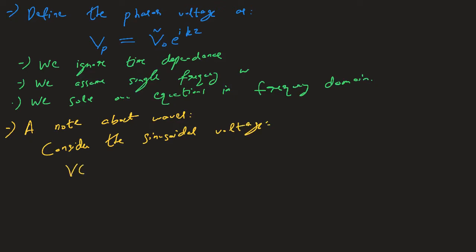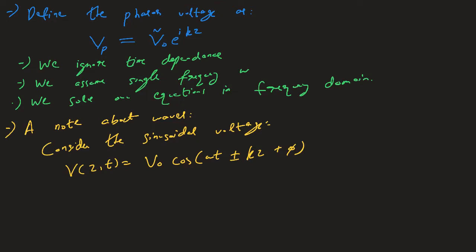Once again, V of z,t is some V naught cosine of omega t plus or minus kz plus phi. Now notice that this is just like the equations we used to have.